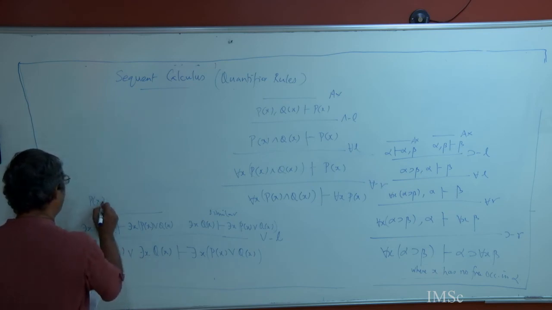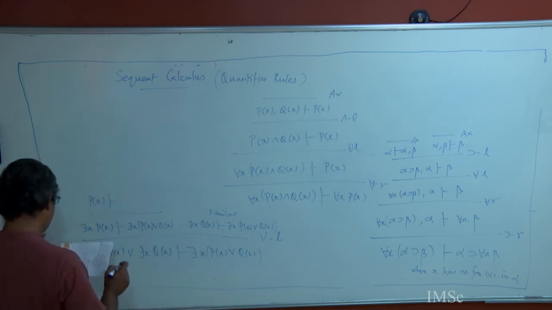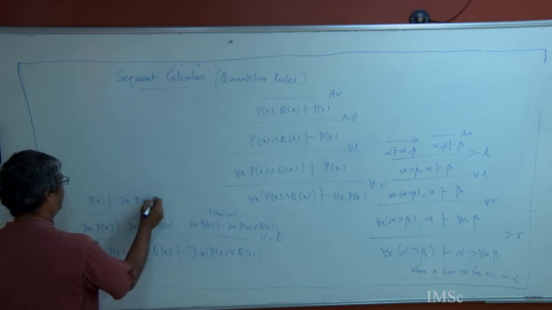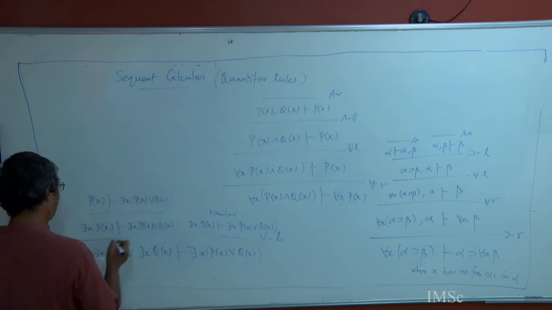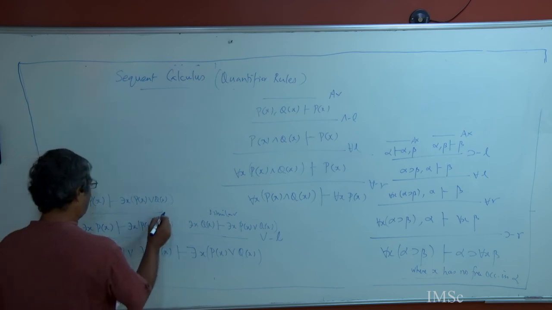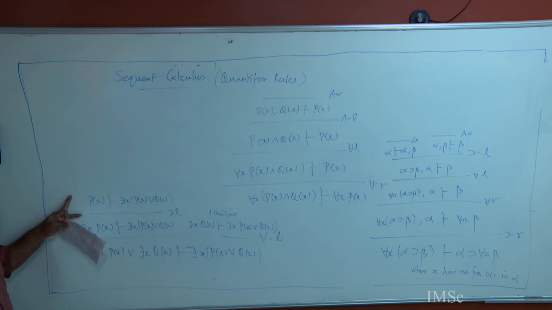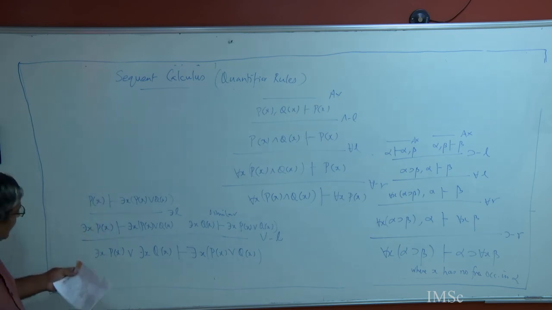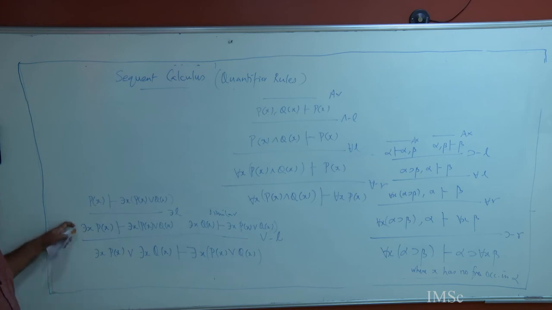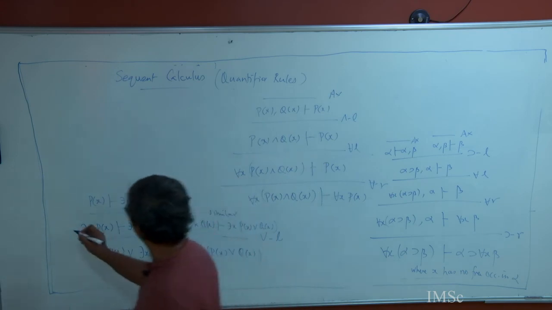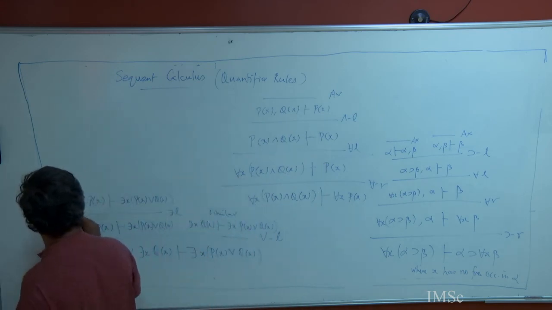So, from Px I will try to derive there exists x (Px or Qx). This is the there exists left rule. Whenever you got something here, again there is no free occurrence of x below. For there exists L I have to again check, so I will just write check.